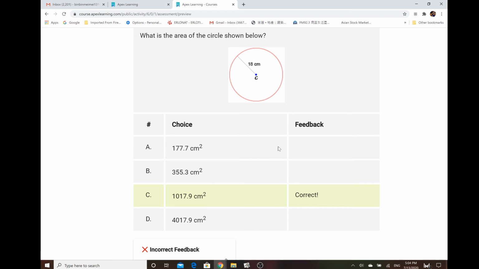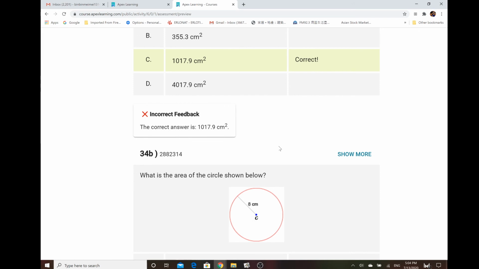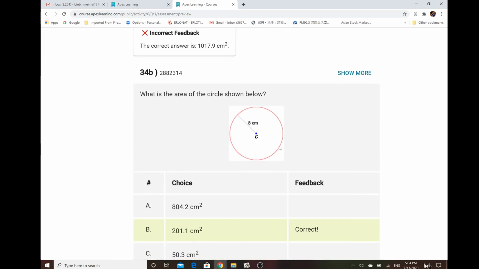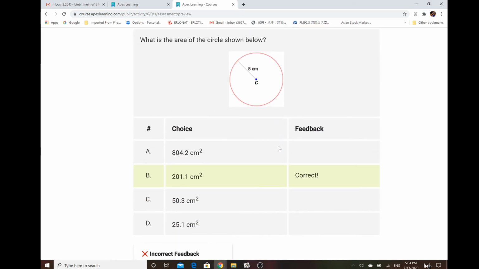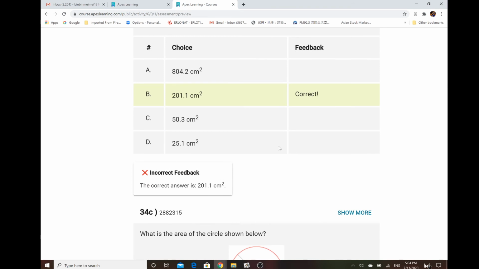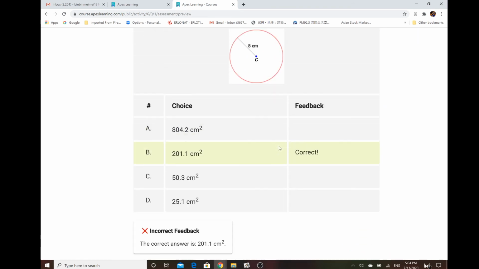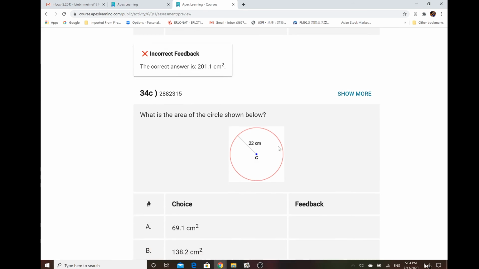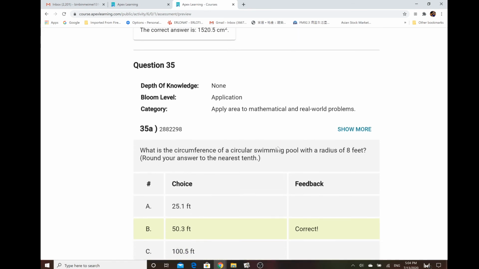You can always do it on a calculator, so 18 times 18 times 3.14. So we get 1017.9 square centimeters. It's not exact, because pi is an irrational number. Here's another one, pi r squared, you'll get 201.1 with radius equals 8 centimeters. So that's another one here.